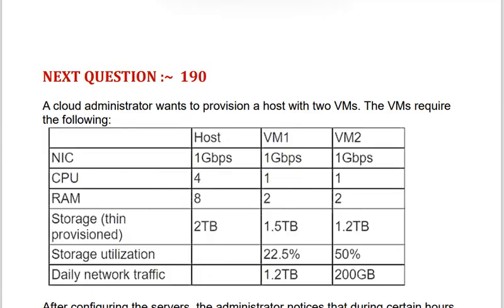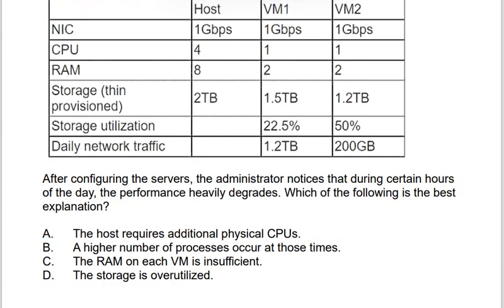Question is, a cloud administrator wants to provision a host with two VMs. The VMs require the following. Please see the table. After configuring the servers, the administrator notices that during certain hours of the day, the performance heavily degrades.